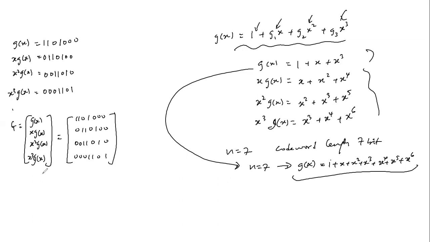Now recall that the generator matrix is given as the parity bit and the identity matrix in a systematic code format, okay?